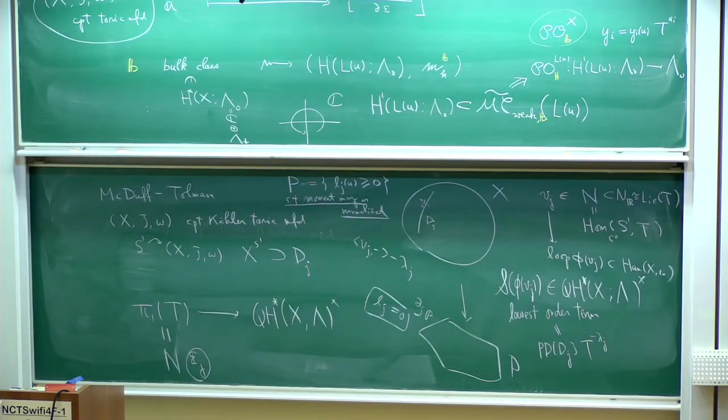And then, so in general, you have higher order terms. Why do you have such a thing? Because it's a fixed point, right? So in this case, you have a P over phi of Vj over S2.